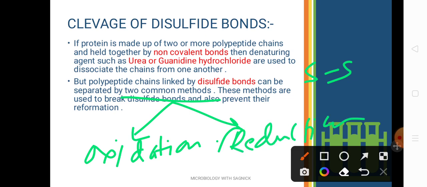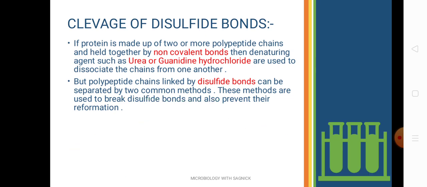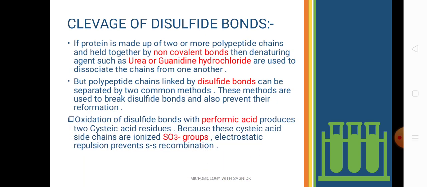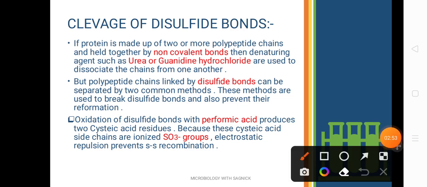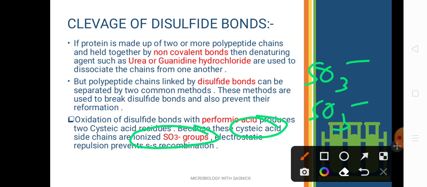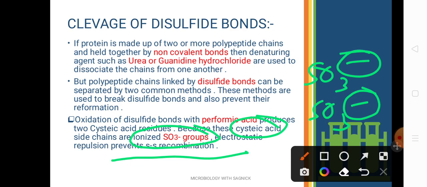Oxidation of the disulfide bond by performic acid is very important to break the disulfide bond, and it will give you two cysteic acid with SO3 minus side chain. Now try to think about this. If you have two cysteic acid with two SO3 minus side chains, as they are the same in charge, they will repel each other. That is why there is no chance of disulfide bond reformation.